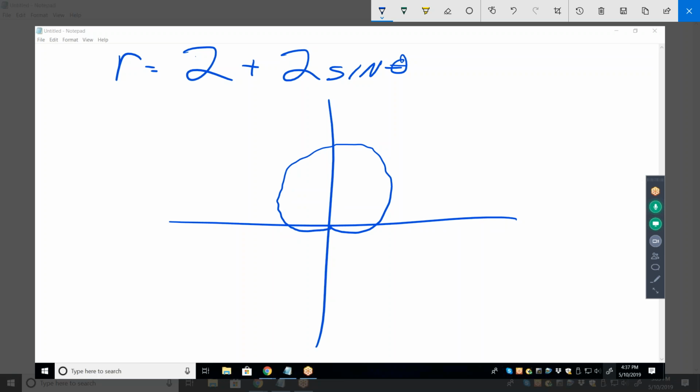Now, how do you graph those quickly without tracing it out? The period of sine theta is 2 pi. So we form a table and we're going to let theta go from 0 to 2 pi, and compute r for each theta.